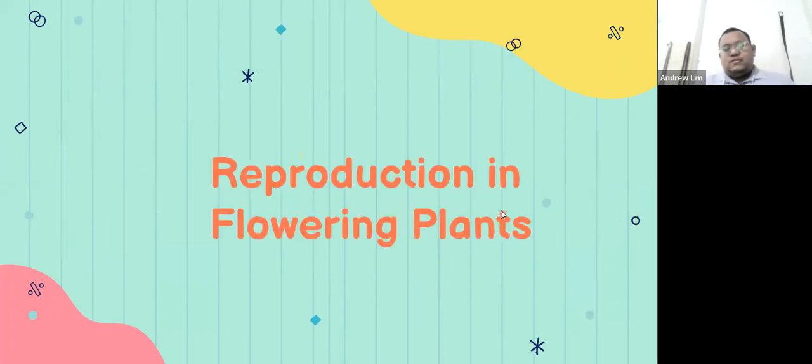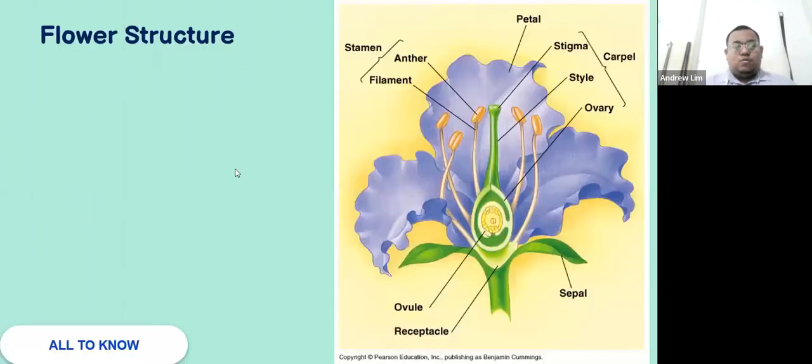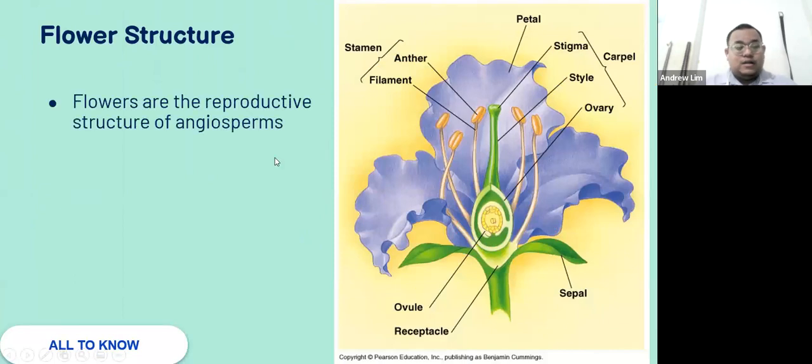Next, after we talk about photosynthesis, how the plant actually makes its own food, now we look at how the plant reproduces. So look at this diagram here. This is a flower. So flowers are reproductive structure of the plant.